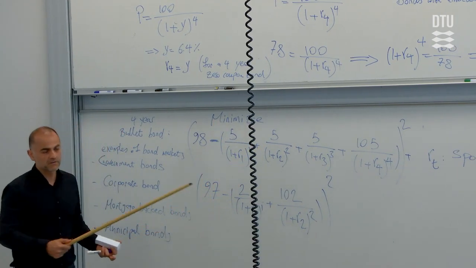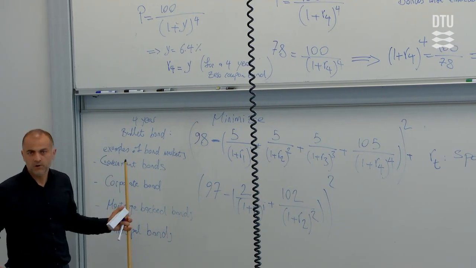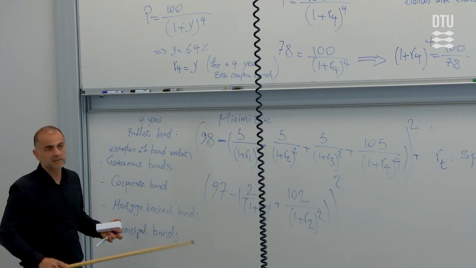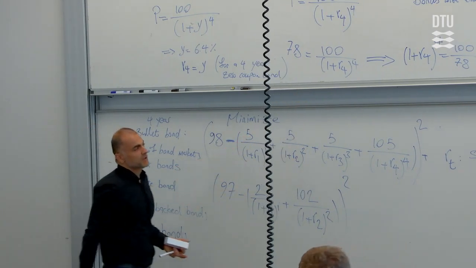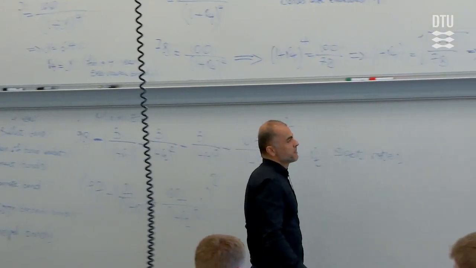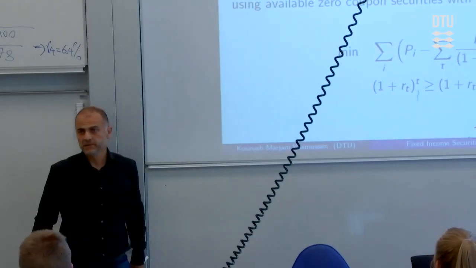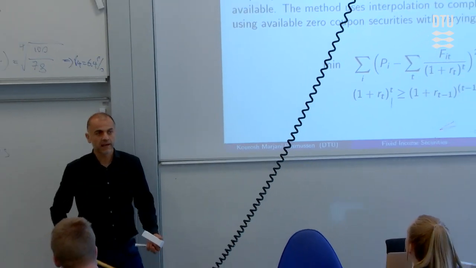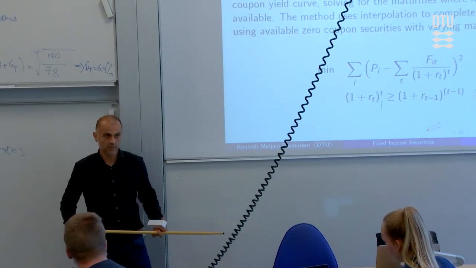So I've given you a number of bonds for a given market. There are some 7, 8 bonds, which are bullet bonds, and I want you to implement this model in GAMS for that particular market and come up with the term structure of interest rates for that market.